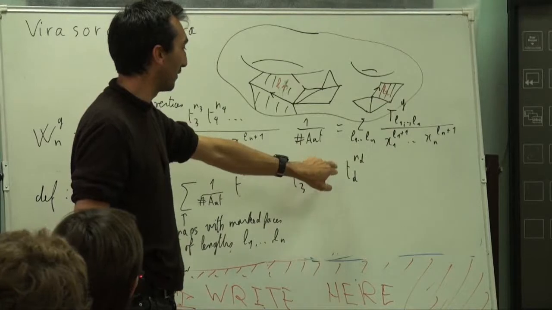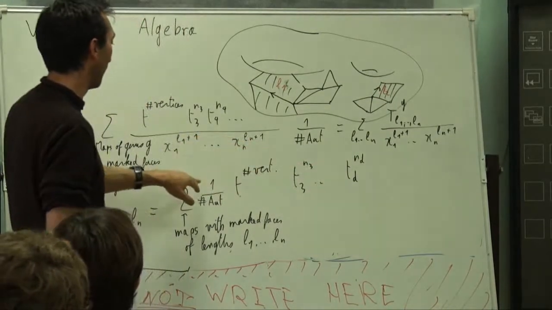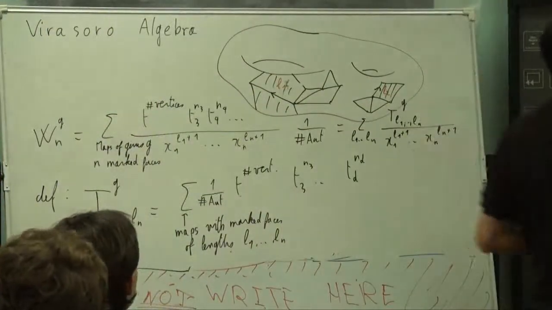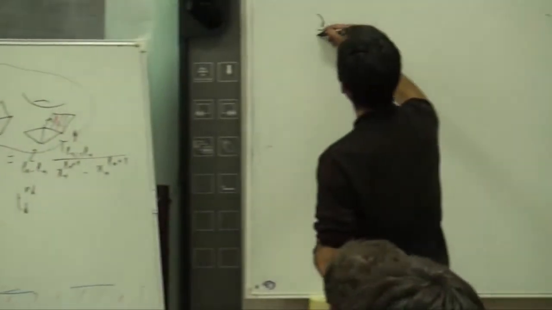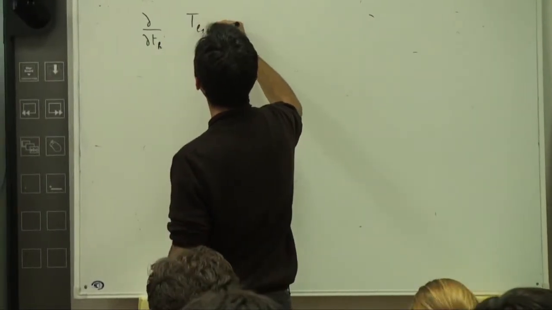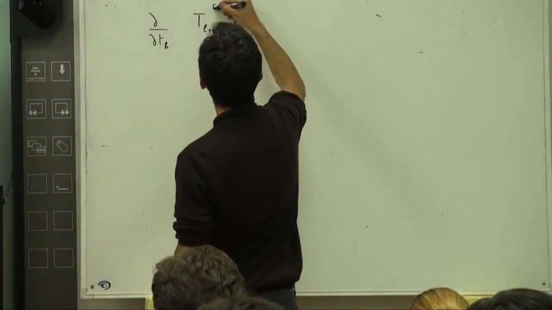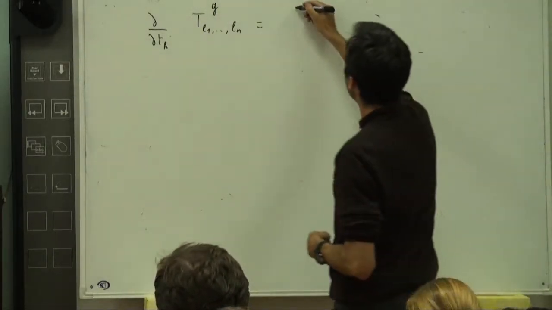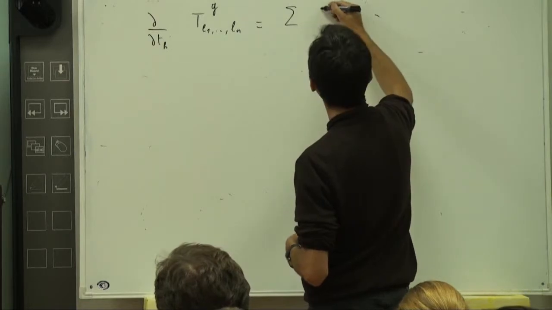When you take a derivative with respect to t_k, you will have n_k coming out. So d over dt_k of T_{L1...Ln,g}, what is it?